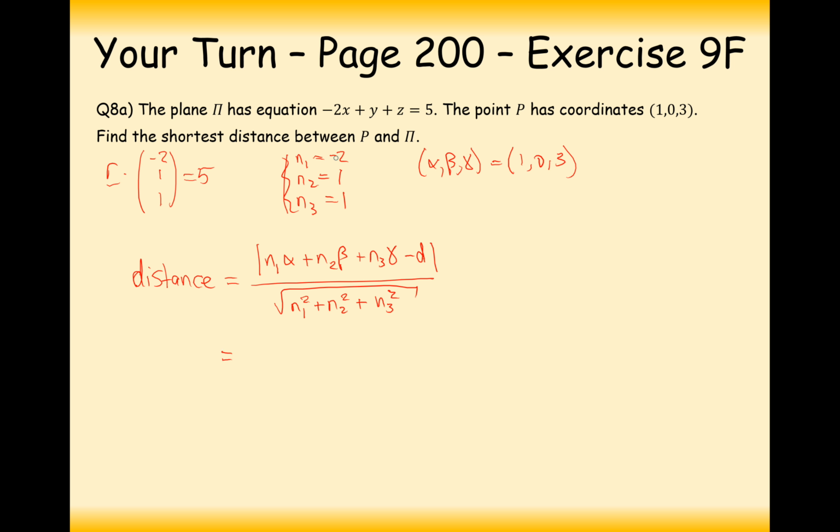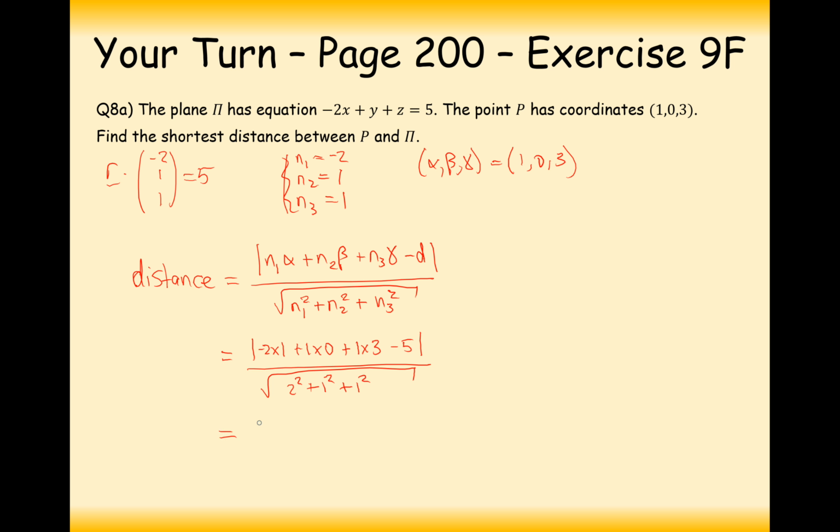So we're going to get minus 2 times 1 in our first calculation. Then add 1 times 0, add 1 times 3, minus 5, all over the square root of 2 squared, 1 squared, 1 squared.